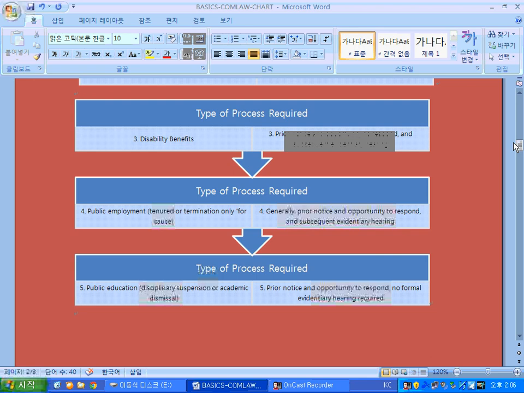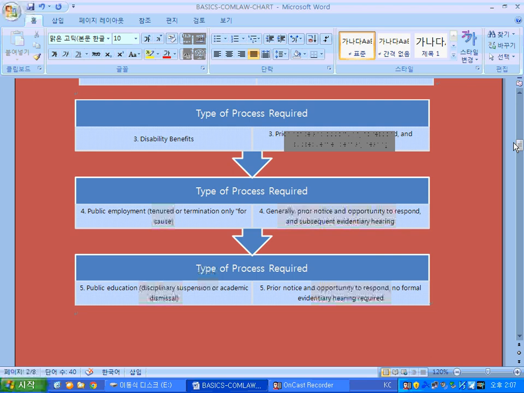They might be fired for some reasons, but with some process about counter-argument or other evidentiary presentation.